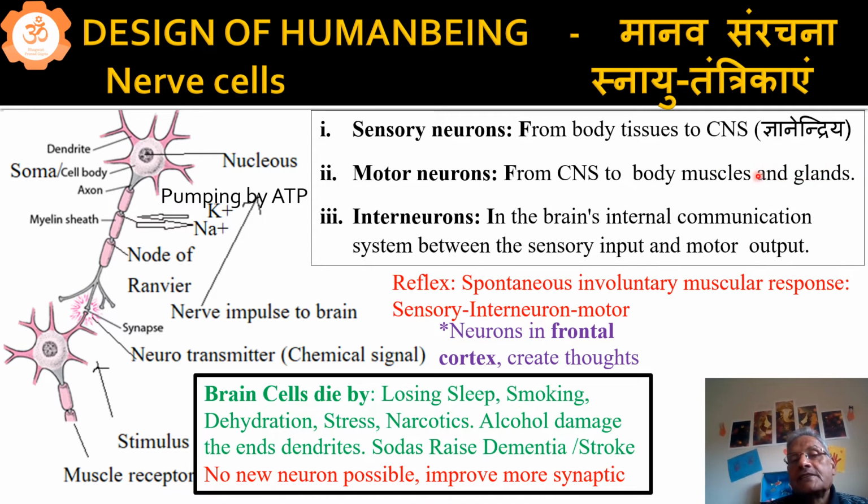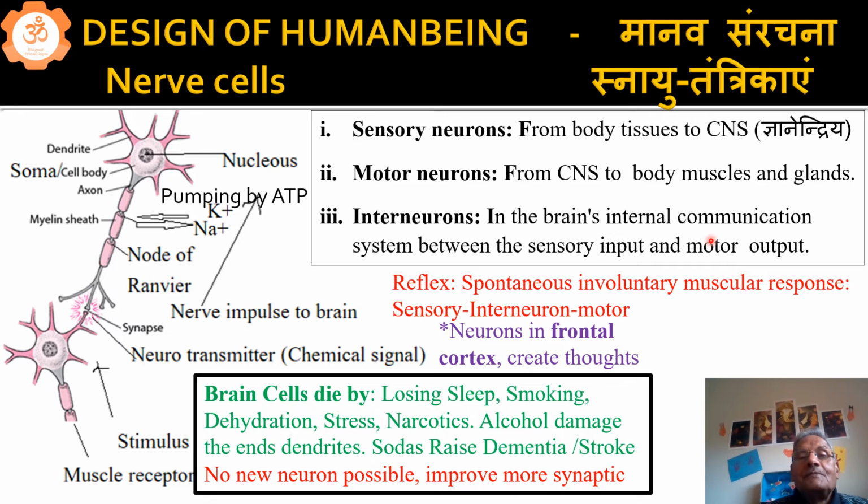If some hormones are released, that instruction also comes from motor neurons only. Now, what is an interneuron? An interneuron is the brain's internal communication system between the sensory input and motor output. Inside the brain, interneurons act so that whatever has been sensed by the sensory input is passed on to the motor output.